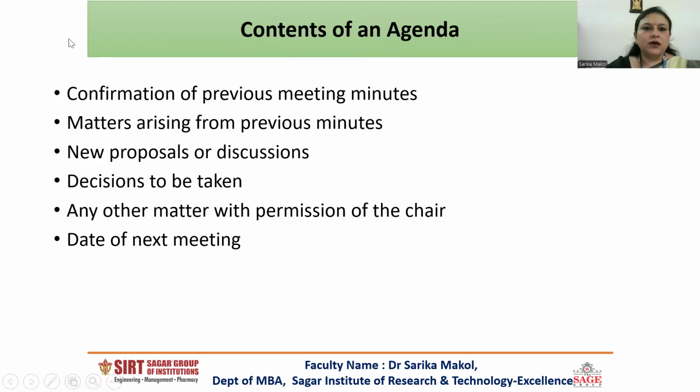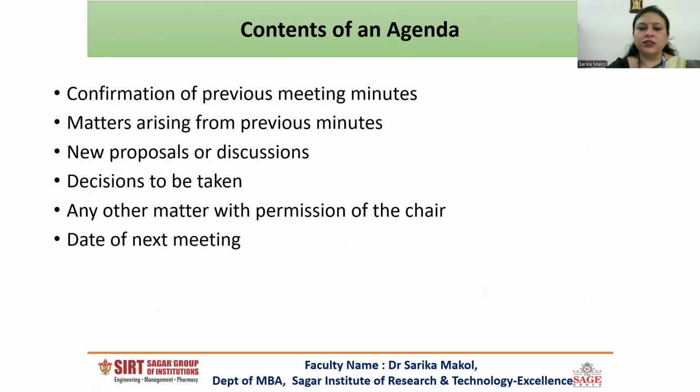Now, these are the steps of the agenda which we need to prepare. The first point which should be mentioned in the agenda would be confirmation of previous meeting minutes. First of all, we'll discuss the matters which we raised in the previous minutes and the action taken report, that is, what actions we have actually taken from the previous minutes.